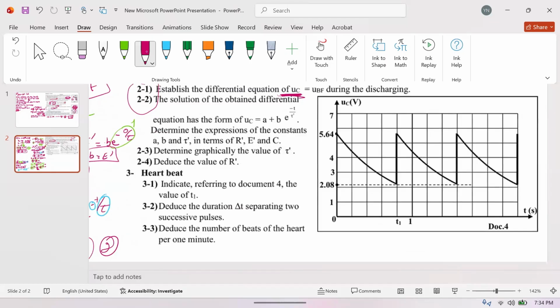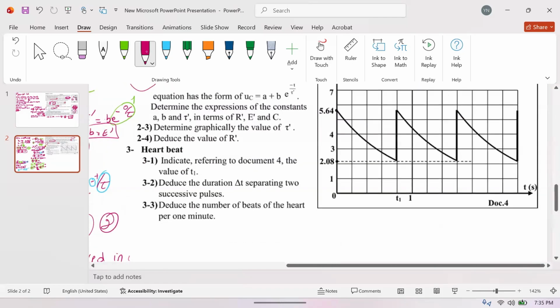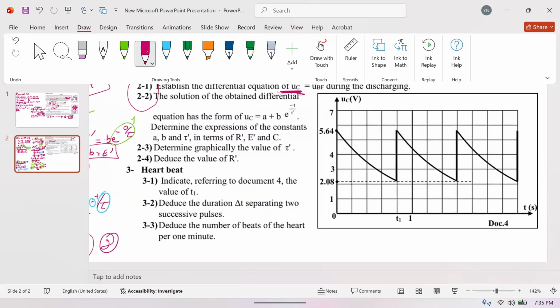Now, 2.3, determine graphically the value of tau prime. Here, I have the same capacitor, but I have a different resistor. I will try to explain something to you.